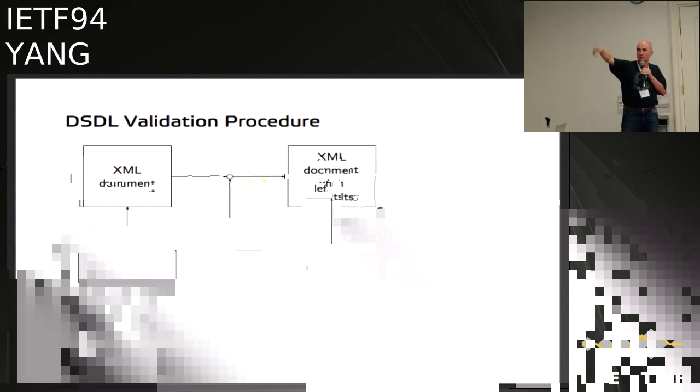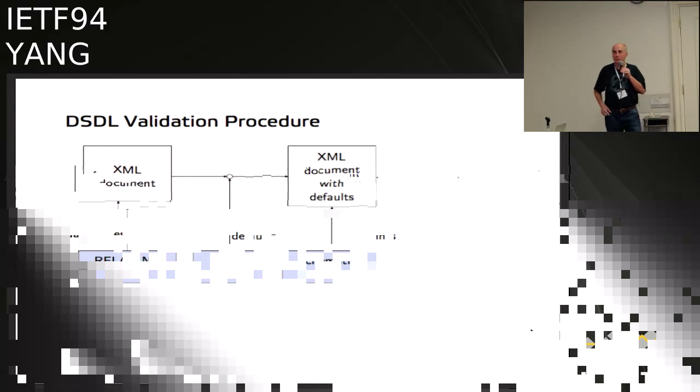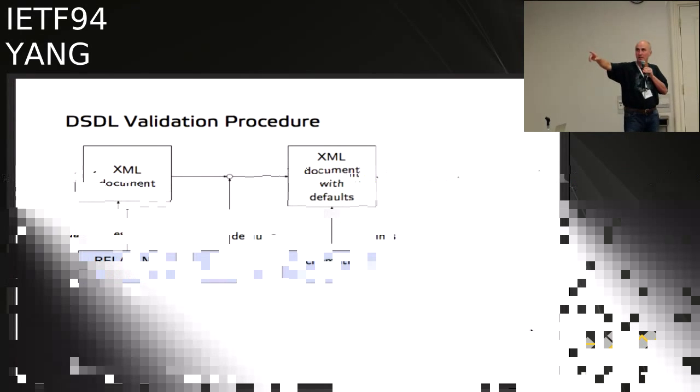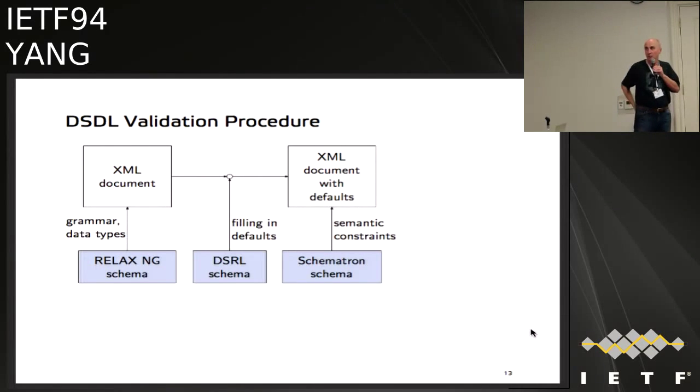This is what the DSRL schema provides. So this step is done and the initial XML document is changed so that all defaults are present in the new document. And this new document is then checked for all the semantic rules that are written in the data model, using the Schematron schema.